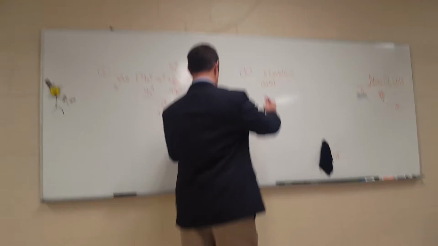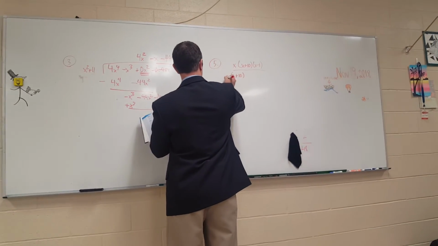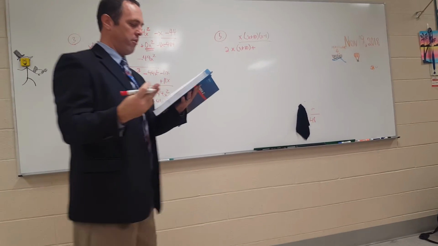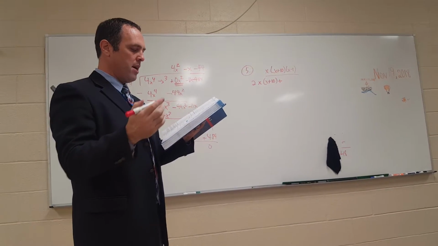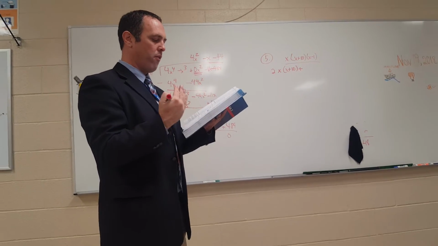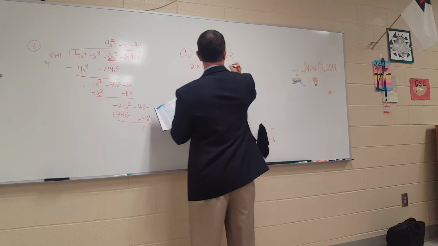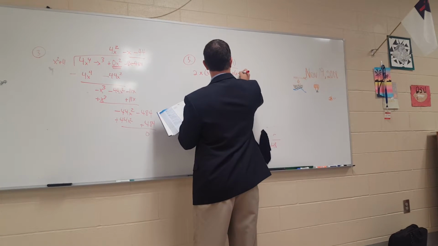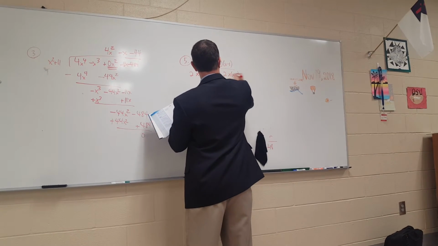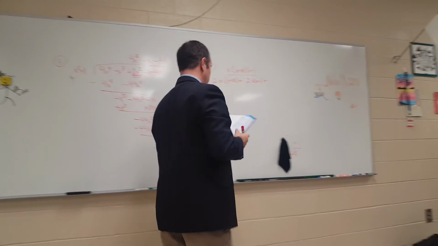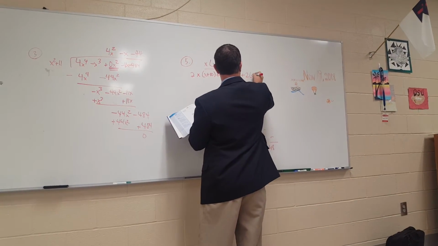Right? So we could just double it. You've got x plus 10 times x would be one side, but you have 2 of those. So we just have to do 3 pairs of them. That would be the length of the back and the front. The length of the side would be x times x minus 1. We double that, and then the length of the top would be x plus 10 times x minus 1.